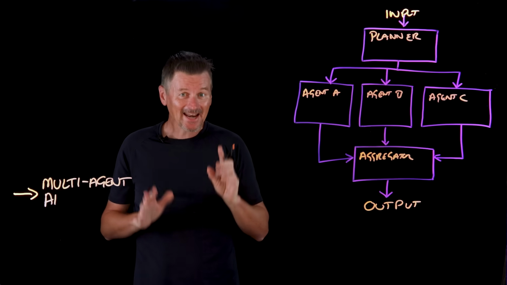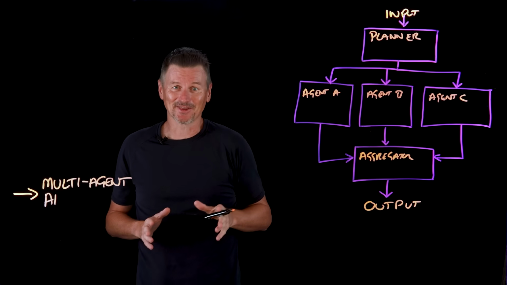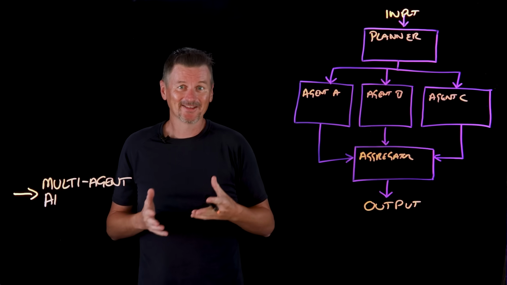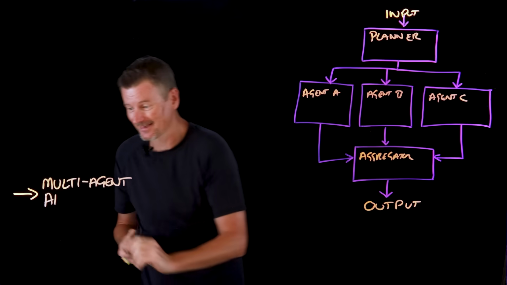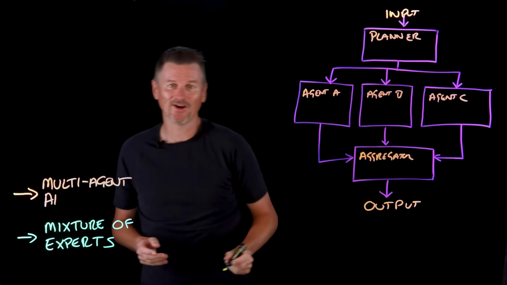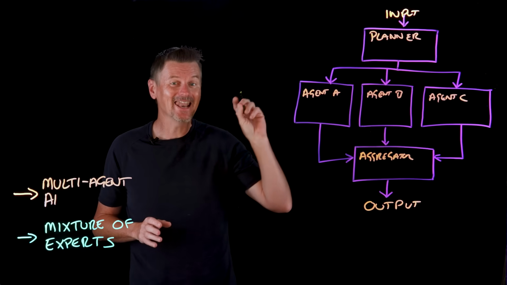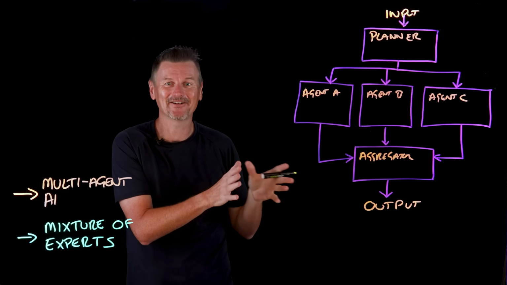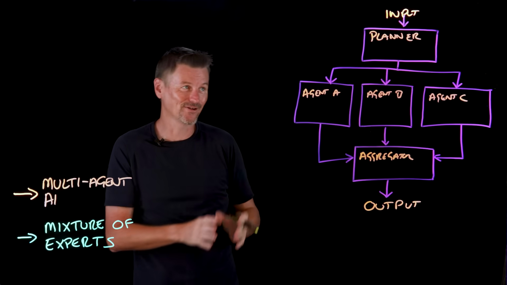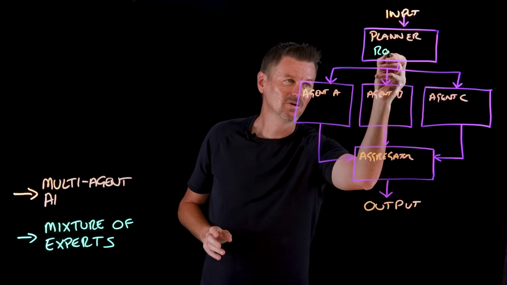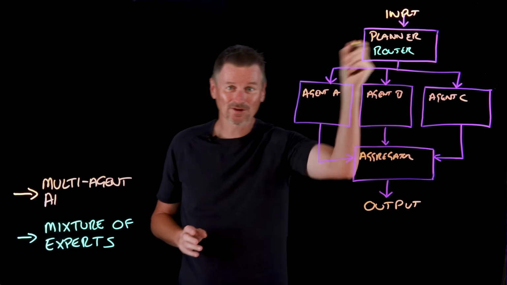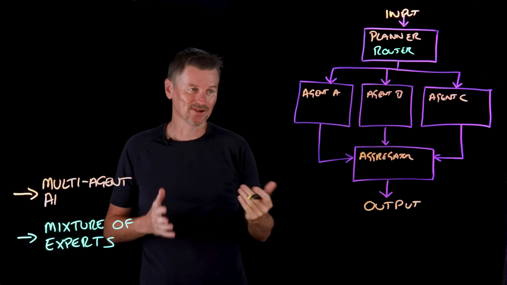But in AI, there's another architecture that we've had for quite a while that's gaining popularity, and that is called mixture of experts. And at a high level, it has a very similar looking workflow. So instead of a planner, we start with a router which receives the input and dispatches the work.